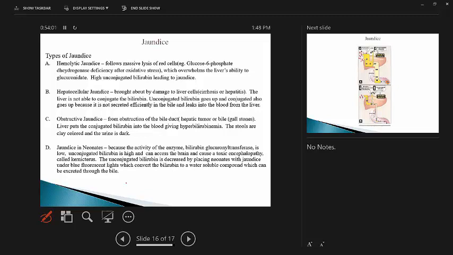Yes, sir? You said unconjugated bilirubin is lipophilic, right? So where exactly does it go? Well, how does it get around? The unconjugated bilirubin is associated with albumin.